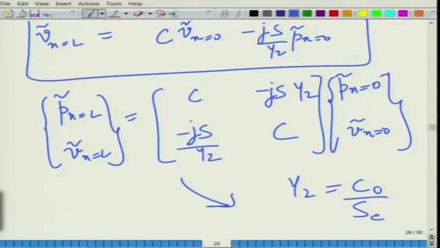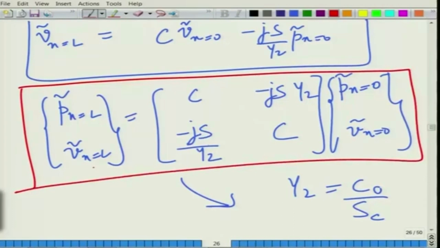When you write this entire thing in a compact 2 by 2 matrix form, we are going to get a 2 cross 2 matrix. We are able to relate in matrix form the pressure and volume velocity at the section x equal to L with the pressure and volume velocity at x equal to 0.